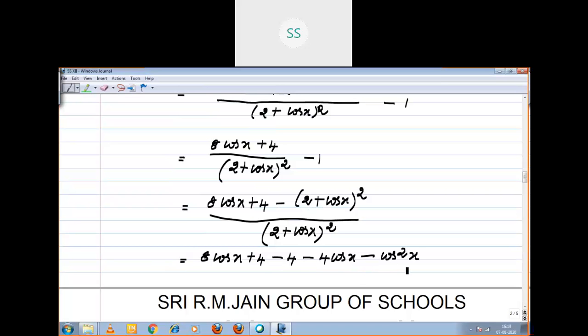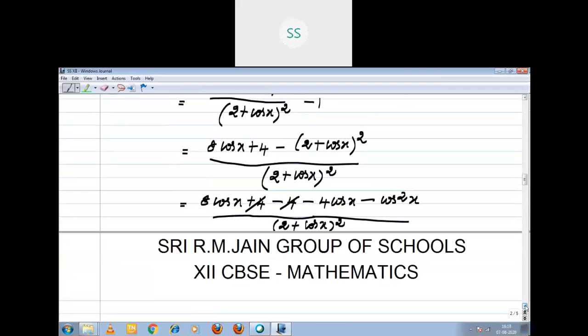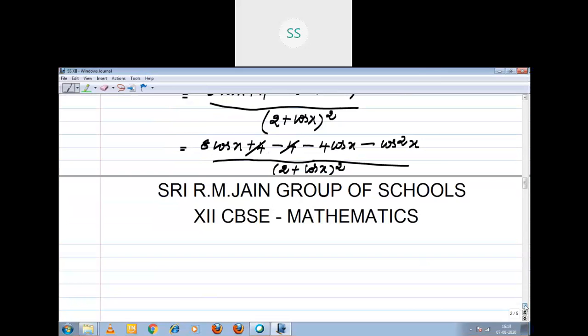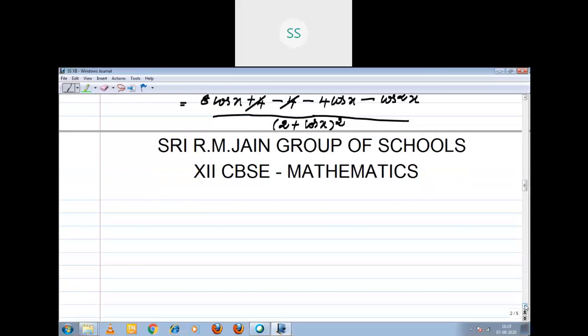Right? Now, divided by 2 plus cos x the whole square. Now, see plus 4 minus 4 cancel. Right? Then what should be the next? 8 cos x minus 4 cos x. What can you get? 8 cos x minus 4 cos x means 4 cos x.